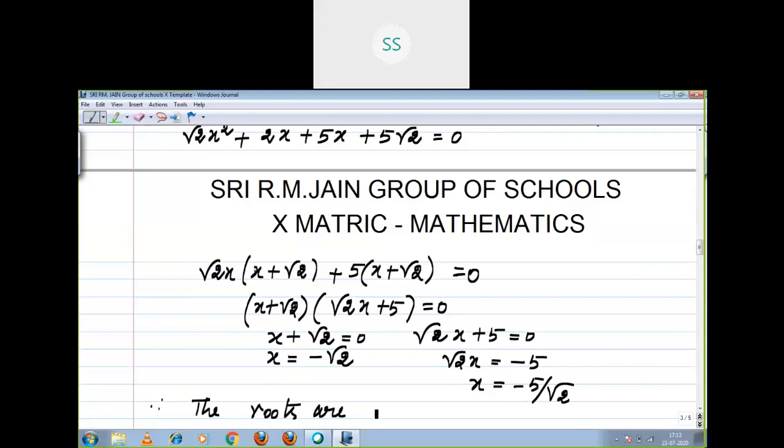Roots are x is equal to minus root 2 and minus 5 by root 2. I hope you people understood. The possibility you have to take from the product. The sign you have to focus on the sum. With the splitting part also you have to concentrate on the sum only, right? What are the roots you arrived at? Minus root 2 and minus 5 by root 2.